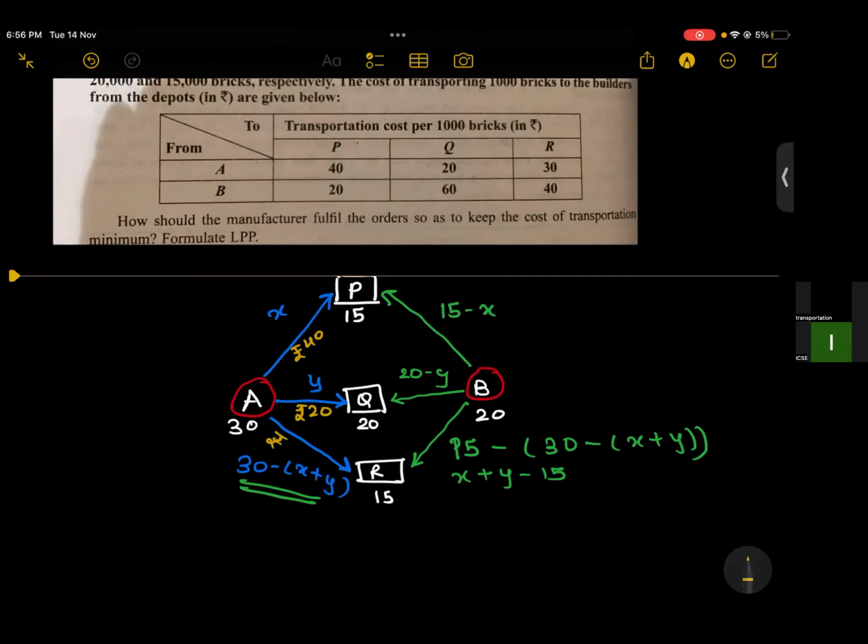We're just going to make notes of it down here. Now, from B to P, our price is rupees 20. From B to Q, the price is rupees 60. And from B to R, our price is rupees 40.